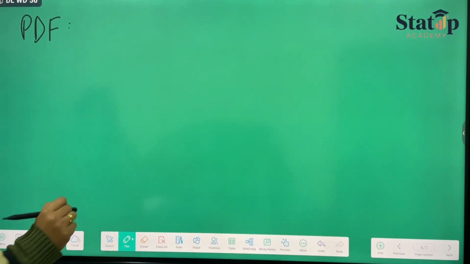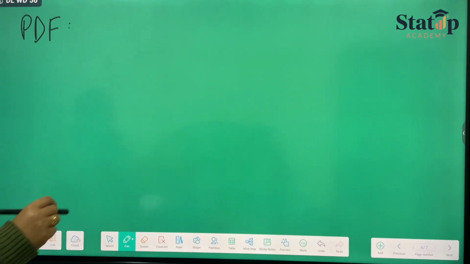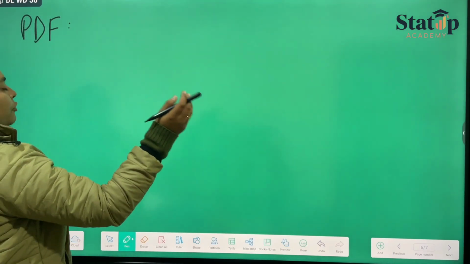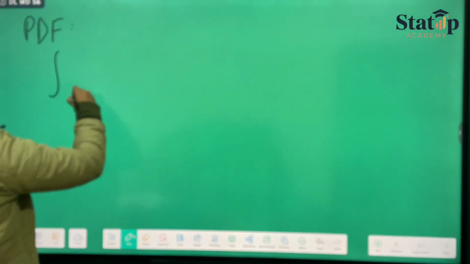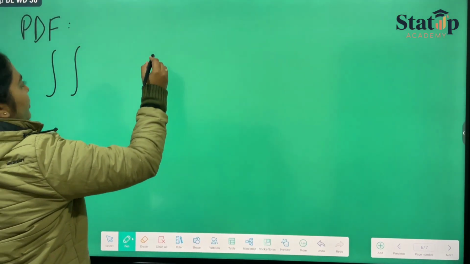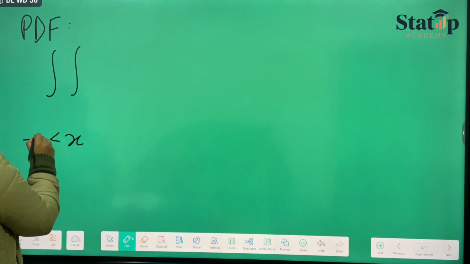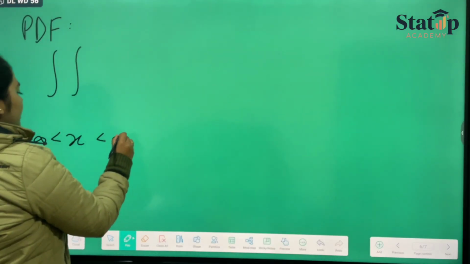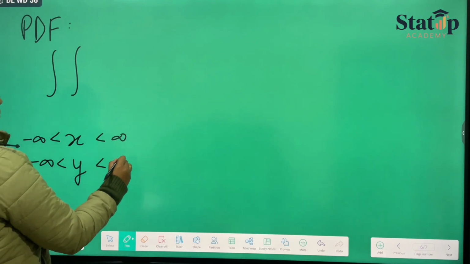In bivariate data, the probability density function can be represented as a function of two variables x and y, and it can be written as an integration. Suppose there are two variables x and y. X goes from minus infinity to infinity and y also goes from minus infinity to infinity.